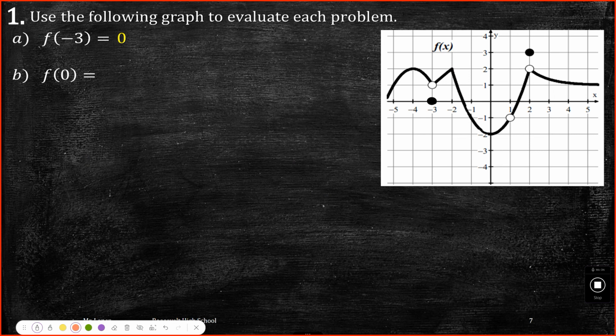Negative 2, you said? That is correct. Lorena, f of 1. Undefined is correct.